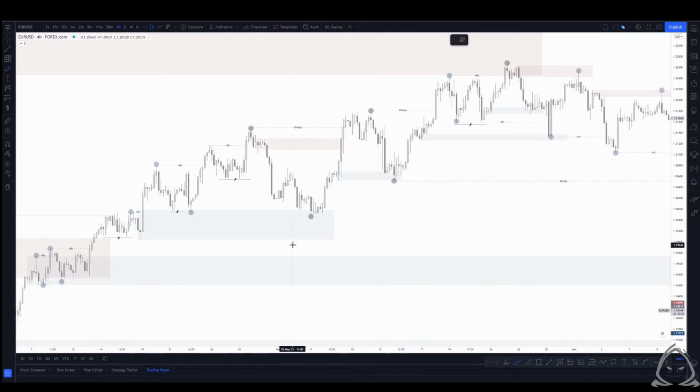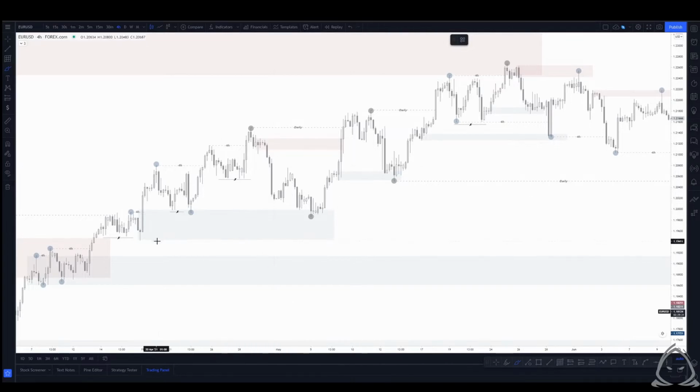Now, one thing to note about liquidity is don't trade anticipating a particular sweep of liquidity or a potential fill of a void, things like that. Liquidity is just an understanding of where price is likely to go based on logical order flow and the inner workings of any financial market.